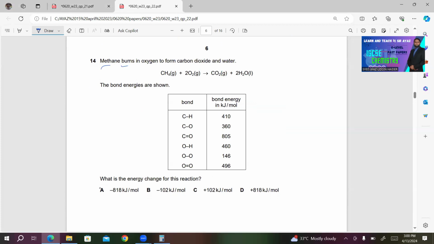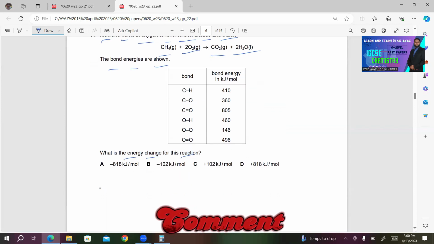14, methane burns in oxygen to form carbon dioxide and water. CH4 gas plus 2O2 gas gives CO2 gas plus 2H2O liquid. The bond energies are shown. Here we have bond energies. What is the energy change for this reaction? So we have CH4.